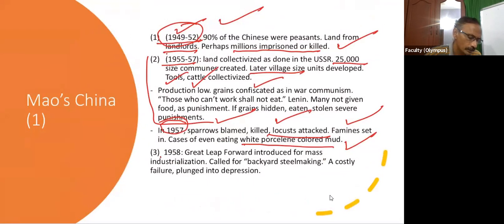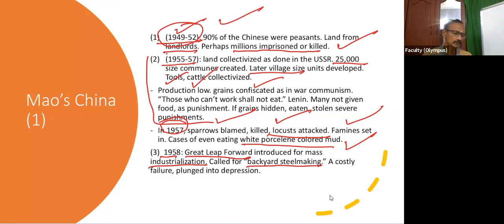In 1958, Mao started the Great Leap Forward, introducing mass industrialization. Communes were supposed to produce steel. He called for what was called backyard steel making. Inexperienced people did so many things without any proper training.